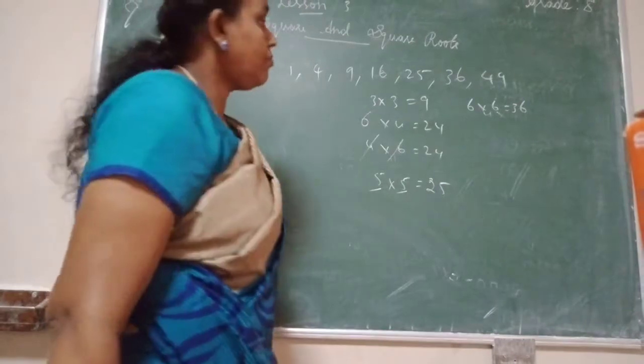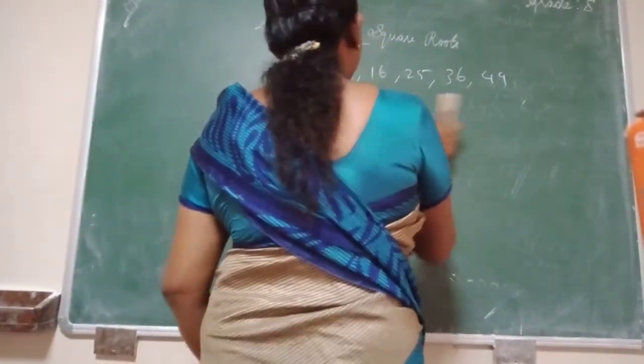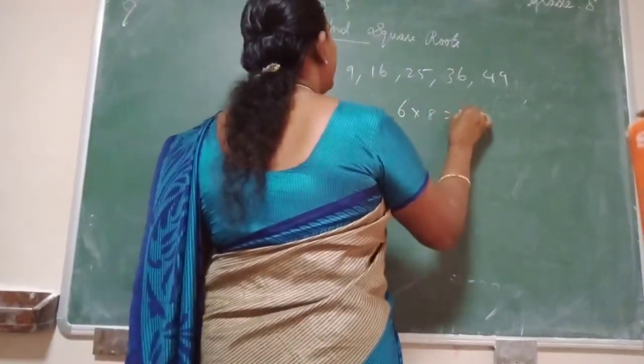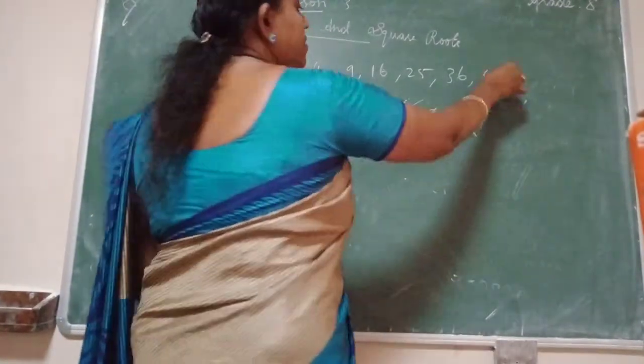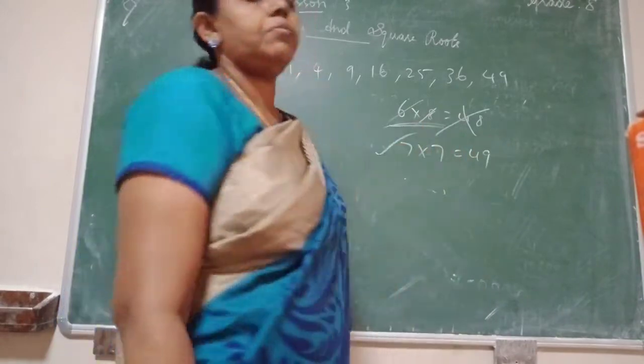40, can I say it is a perfect square? No. Why? 6 8s are 48, 8 6s are 48. These two numbers are different, so I can't say this is a perfect square. 7 into 7 is 49, so I can say this is a perfect square.